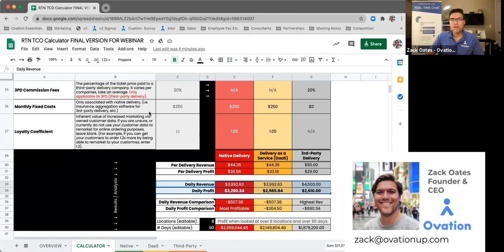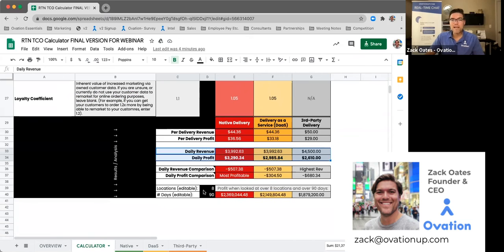For example, for the monthly fixed costs, you do want to make sure that those are by location. And then down here, you can edit this so you can see how many locations you want to see over how many days. So if you want to see 9 locations, it'll look at the profit when looked at over 9 locations over 90 days. That way you can get that full view of the profitability of each section.